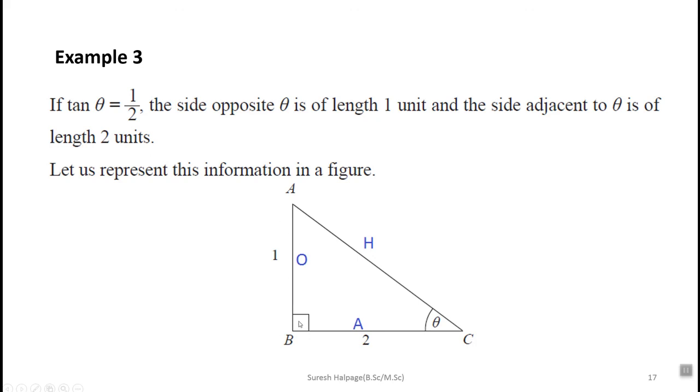So we can represent this information in a figure like this. We need to draw a right triangle and mark theta here. So this is the opposite side, adjacent side and hypotenuse. Tan theta is opposite over adjacent, so we can mark 1 here, 2 units.